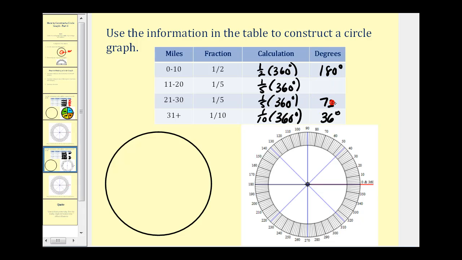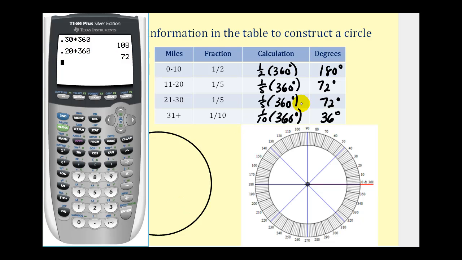That would be 72 degrees, and this would be the same. But let's go ahead and show how you can do this on the calculator as well. It's the same process. Let's just check this second one. It would be 1/5 times 360. And there we go.